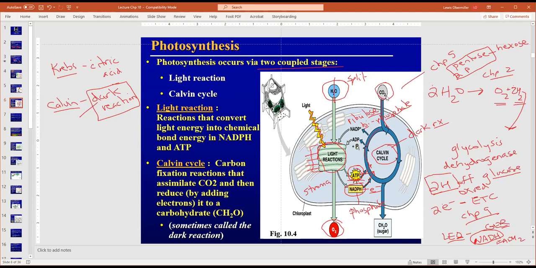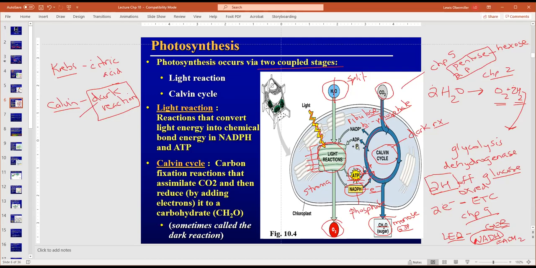So we're fixing the carbon dioxide in the air into sugars, and then it spits out a single carbon, which we would call a monose. And that single carbon sugar is glyceraldehyde. Well, it's going to be turned into glyceraldehyde 3-phosphate, but I'll show you how that works.